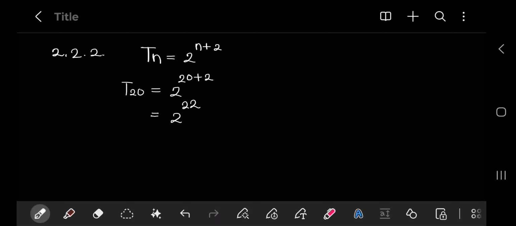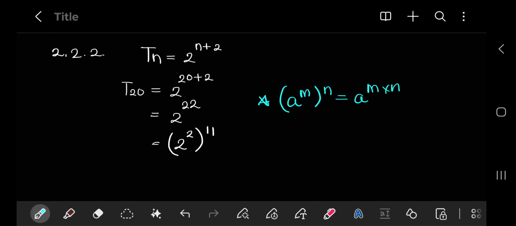However, they asked you to write your answer as a power of 4, meaning that we need the base to be 4 instead of 2. Now, a way that we can do this is if we split up the exponent. So I'm going to split it up as 2 to the power 2 times 11. And the reason why we're allowed to do this is due to a specific law of exponents, which says that if we are raising a power to a further power, we multiply the two together.